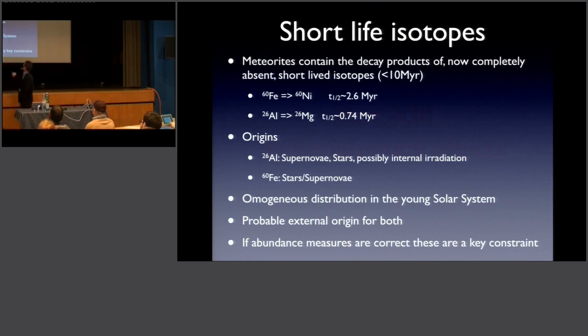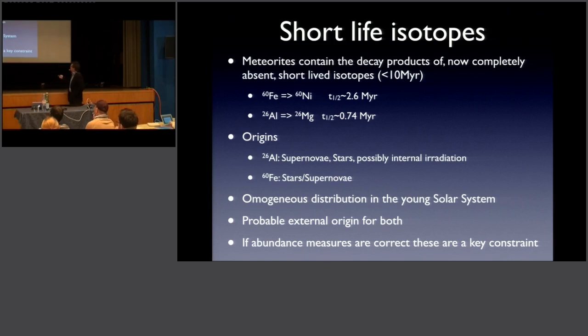So this slide comes from the first day, and is on radioactive decay isotopes, and in particular, what has attracted a lot of discussion in the literature are these two isotopes, iron-60 and aluminum-26. As I said the first day, aluminum-26 can be formed in supernovae or in the winds around Wolf-Rayet stars, so the winds around massive stars.